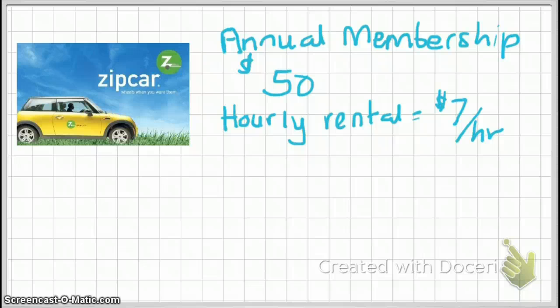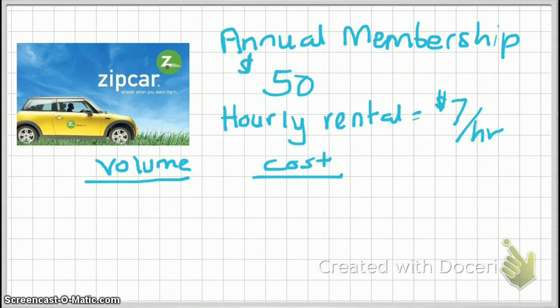I know they have a presence in Dallas at UTD, and their costs are what we call mixed costs. Let's see how these costs behave. So we will have volume and cost. Let's see, if we rent our car for 1 hour, how much is it going to cost? You're going to have to pay a $50 annual membership plus $7 for the hour. So your cost is going to be 50 plus 7, which is $57.